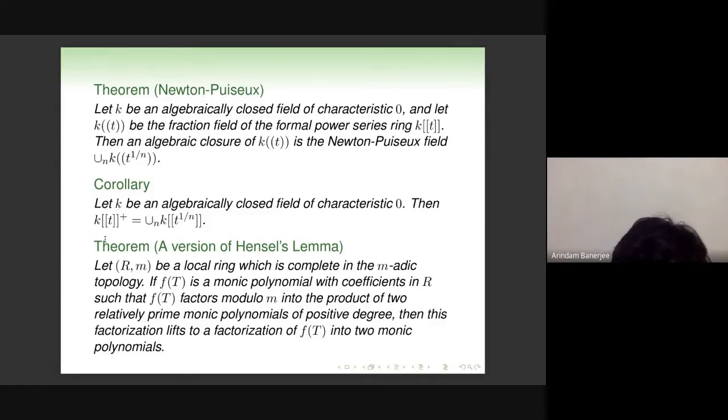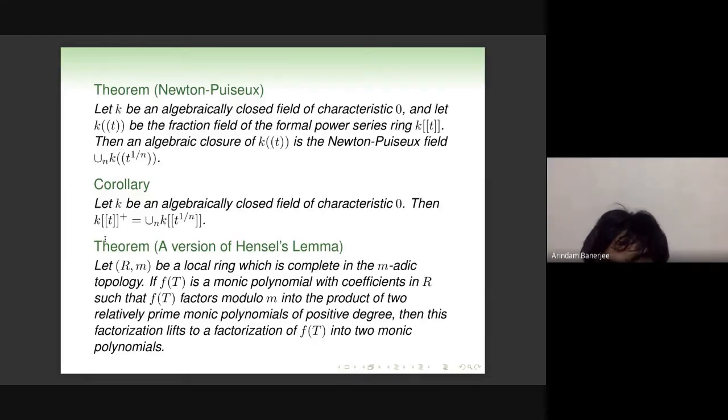Then this factorization lifts into a factorization of F into two monic polynomials over R. So basically, if you can factor a monic polynomial over the field, then you can lift that factorization into a factorization over the ring. That's the version of Hensel's lemma we'll use.